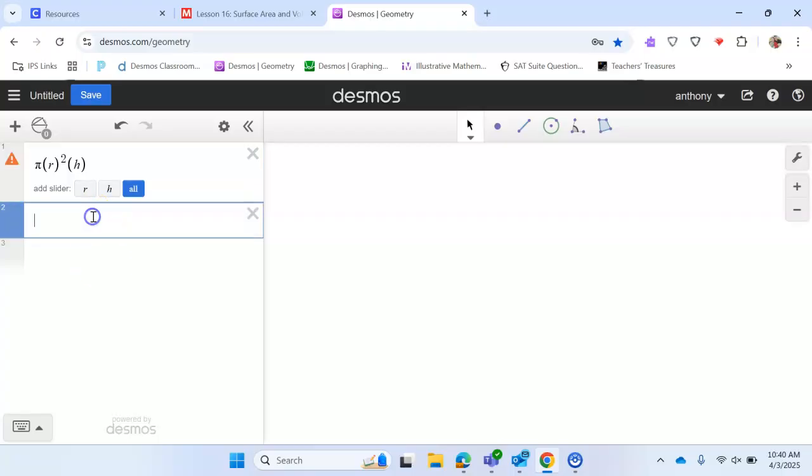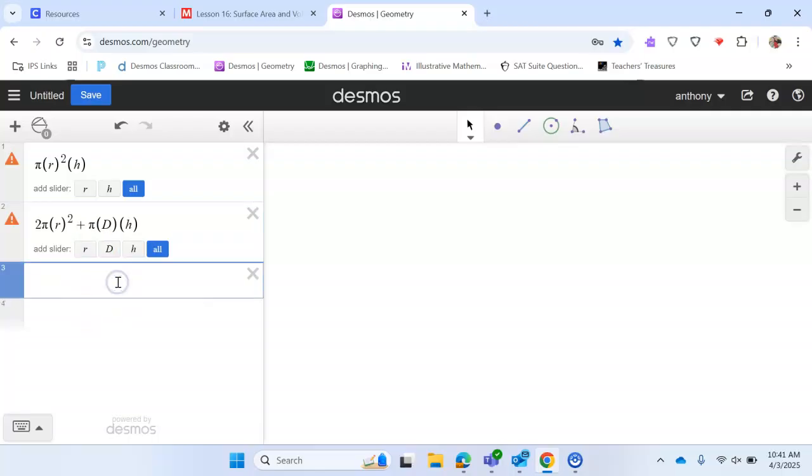And it would have a surface area of 2 times the area of a circle, pi r squared, plus the circumference of the circle times the height, which would be diameter times pi times the height.